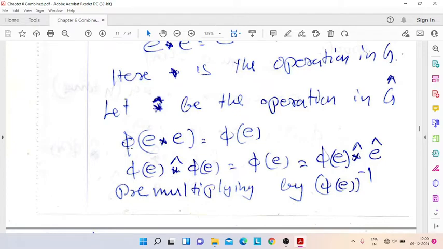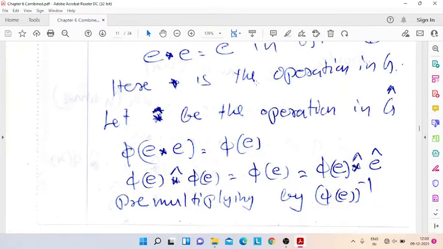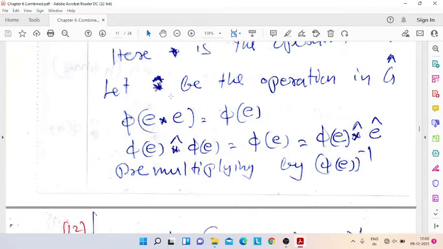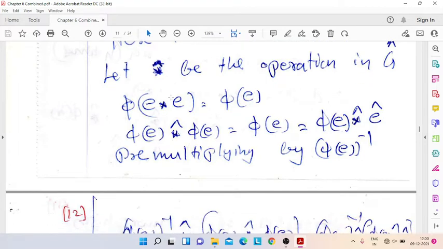Then phi of E star E. Because E star E equal to E, therefore phi of E star E equal to phi of E, and we can split the left hand side to get phi E star cap phi E, because phi is an isomorphism.